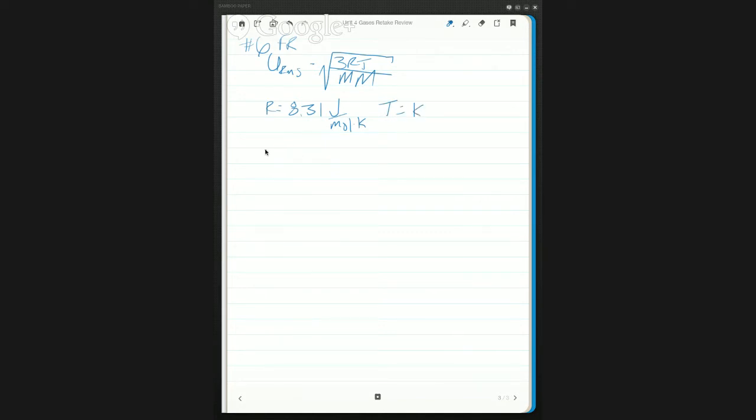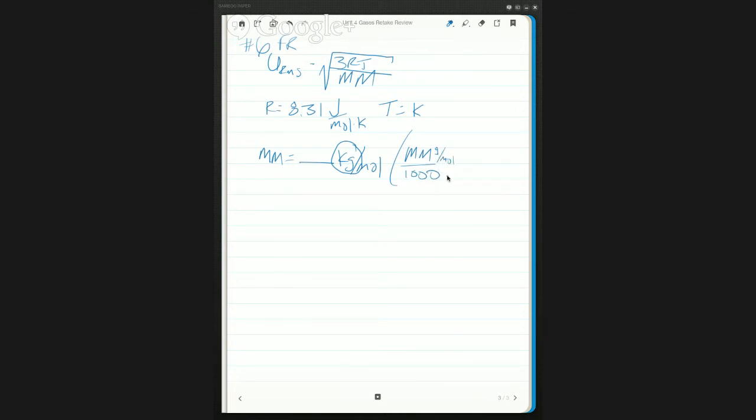And molar mass is, whatever the number is, in kilograms per mole. So you have to take your number, the molar mass, divided by 1,000, because the molar mass is in grams per mole normally.